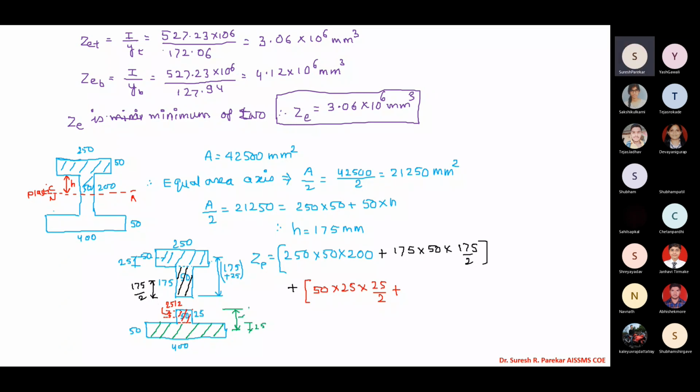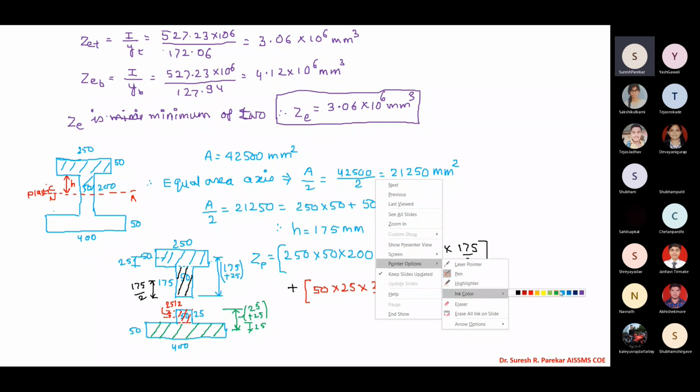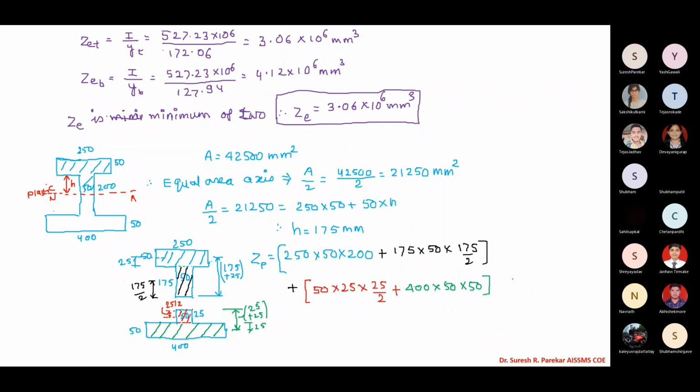And then total we have 25 plus 25 and it becomes 50. So we have 400 into 50 into 50. And this will give me value of ZP. Now calculate value of ZP.